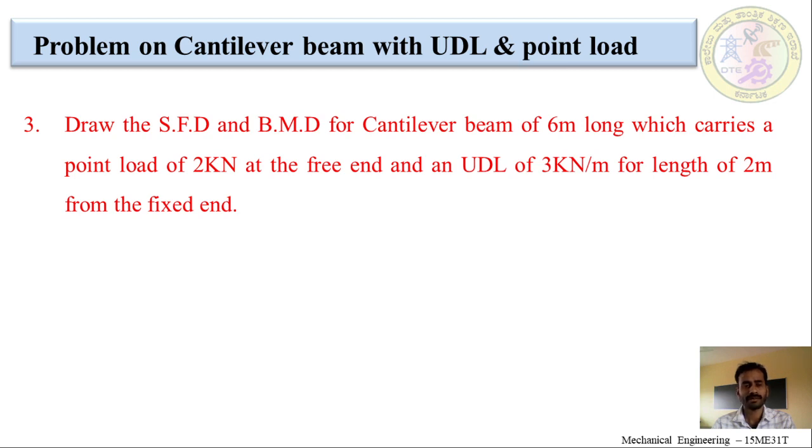So, we will solve problem number 3, which says: draw the shear force diagram and bending moment diagram for a cantilever beam of 6 meter length which carries a point load of 2 kilonewton at the free end and a uniformly distributed load of 3 kilonewton per meter for a length of 2 meter from the fixed end.